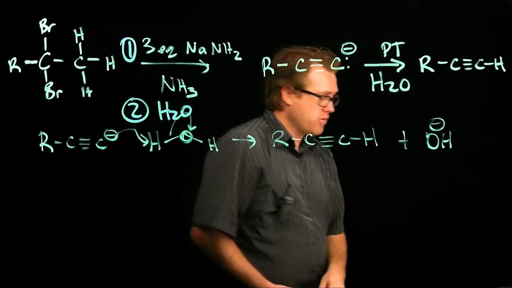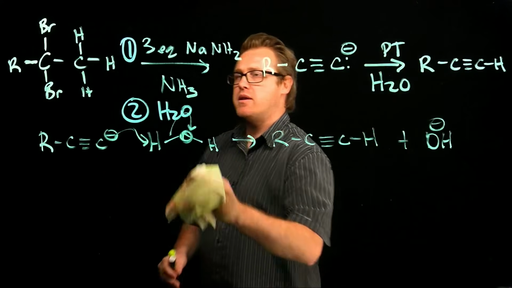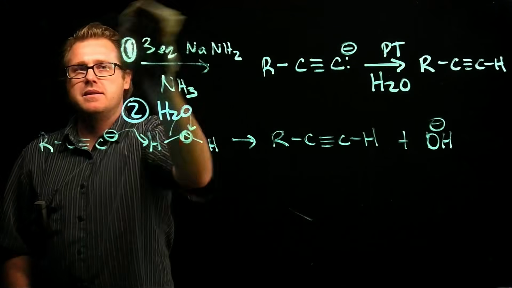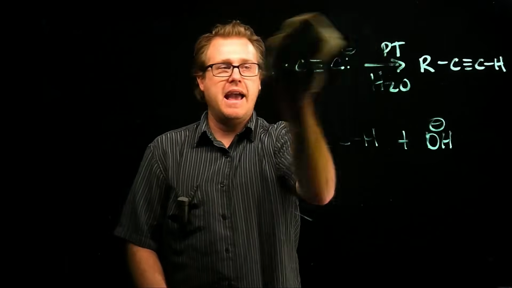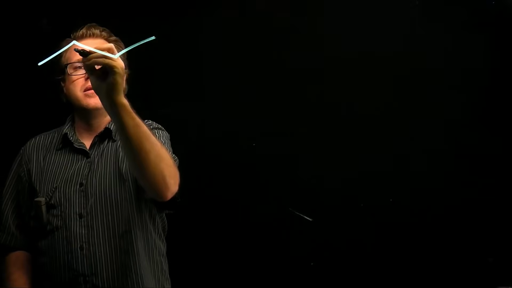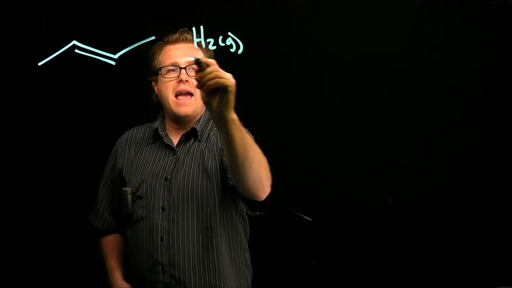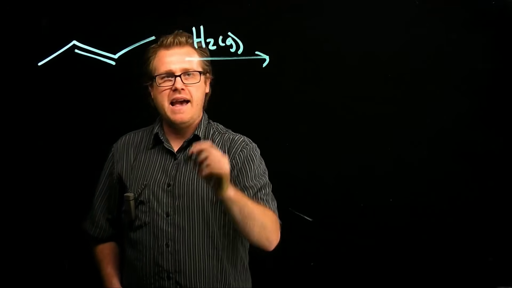The next reaction that we want to talk about is we can also take alkynes and alkenes and reduce them to an alkane. So if we have an alkene, we could treat that with some hydrogen gas and some kind of metal catalyst.